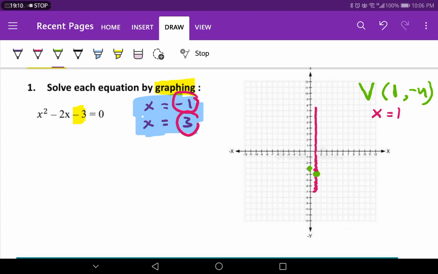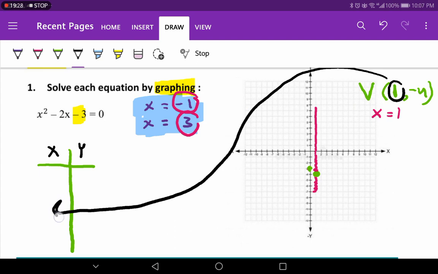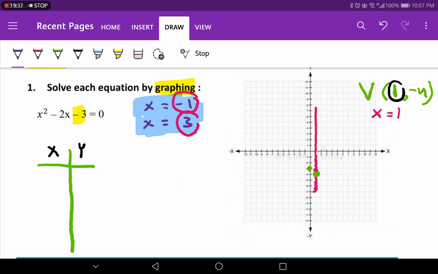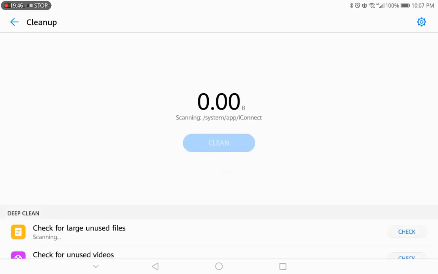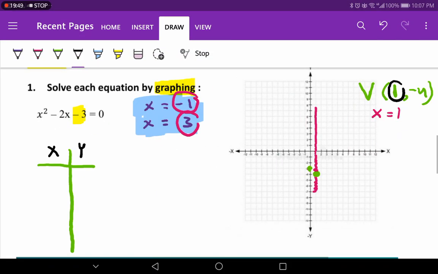Okay, my dear student. Now I will do the graph as they want by using a table. I write X and I write Y. Here, I go to the vertex and I take it and put it in the middle here. Okay? So I will write 1 here.